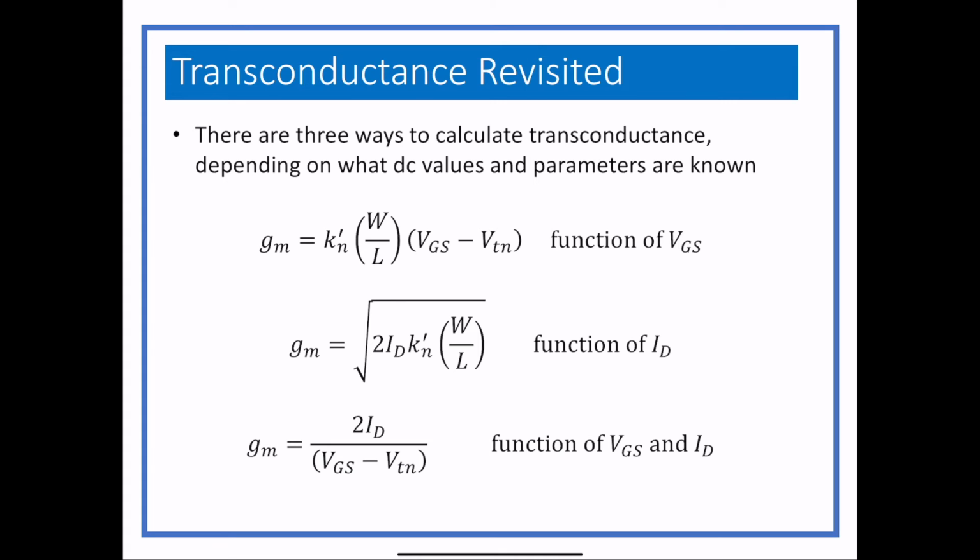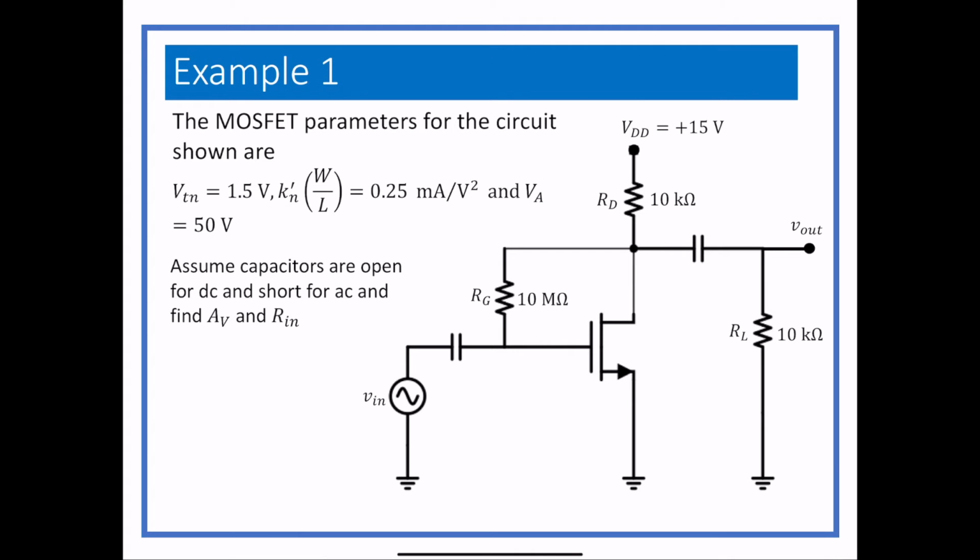So we will do, that is a very, very long example, but it's probably a good example. We have an actual MOSFET circuit, and it's not as bad as it looks. Yeah, and that's what always happens.